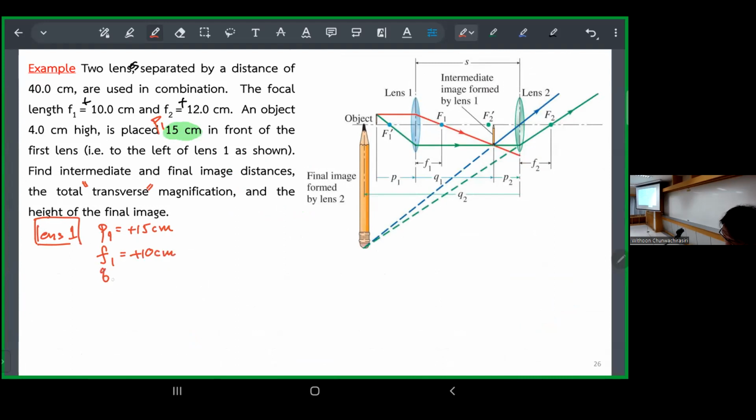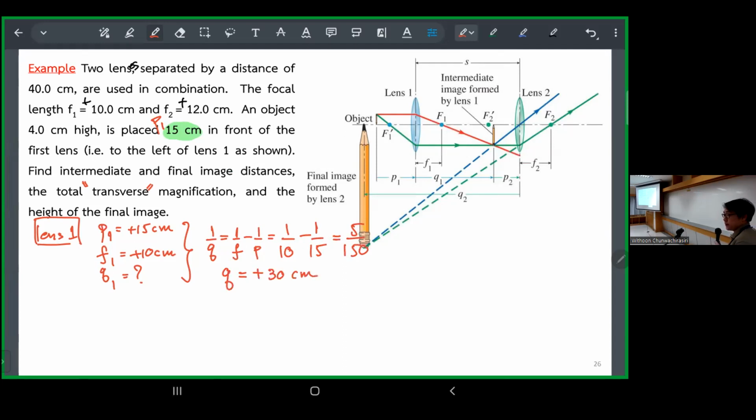You want to figure out the Q1 with me? All right, so you apply the lens equation once. Your Q is going to be 1 over F minus 1 over P. It's going to be 1 over 10 minus 1 over 15. Very good. So far, so good. I can work out the number a little bit. This one gives me 5 over 150. So my Q is positive 30 centimeter.